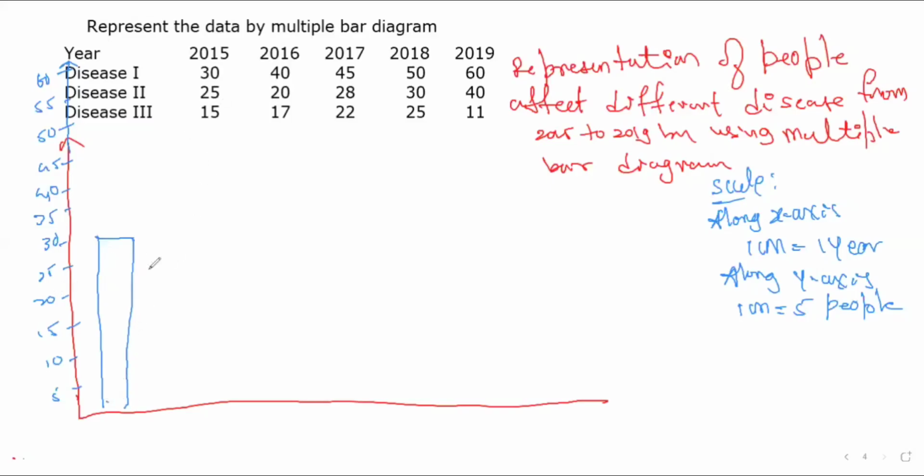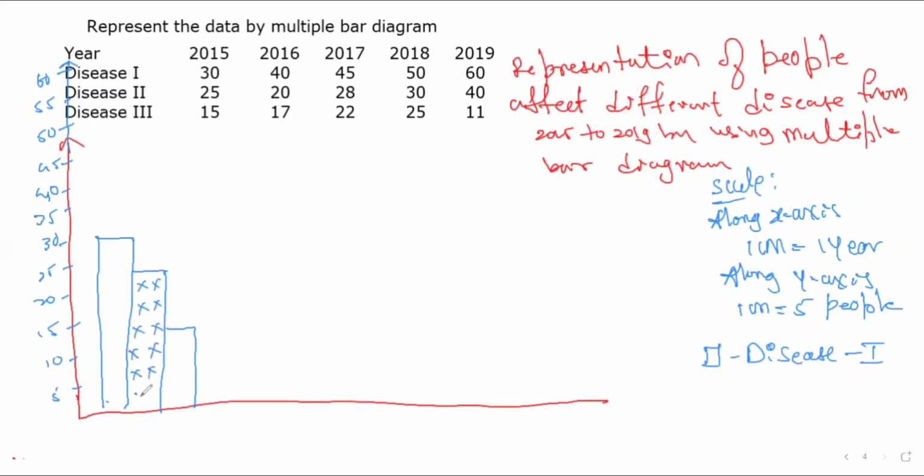Next, this is 25. Then this third one is 15. So to denote this one, I will keep it empty. Then I will use a cross sign for the second.